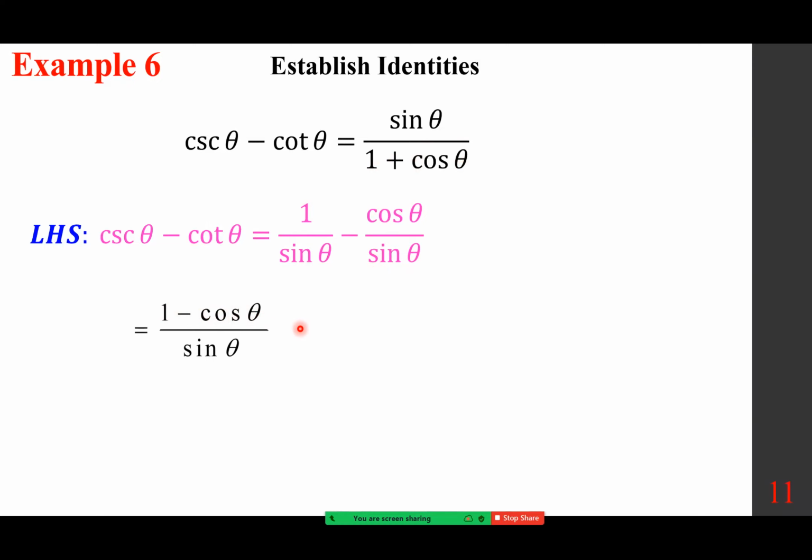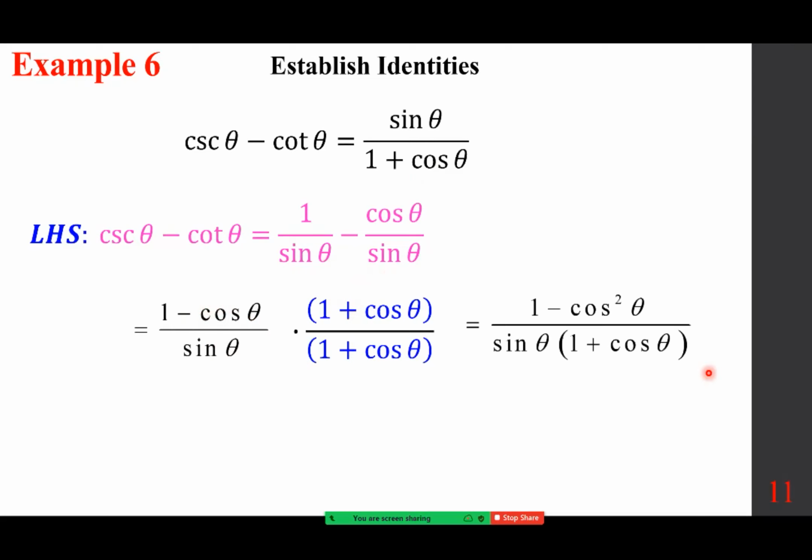Let's multiply the top and the bottom by 1 plus cosine theta. Sometimes you have to look at what you're looking for to get there. When we do that, the denominator, we are going to keep it as a product and not touch it. But the numerators, when we multiply them, we get 1 minus cosine squared.